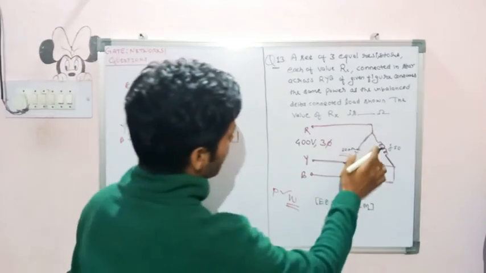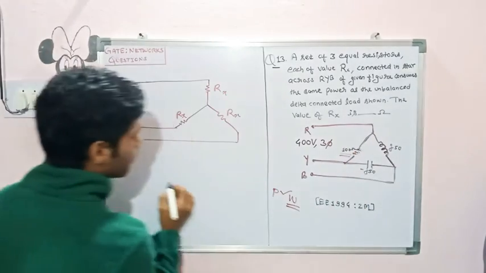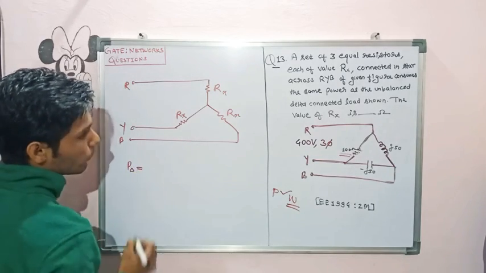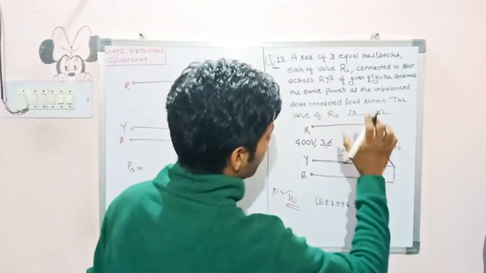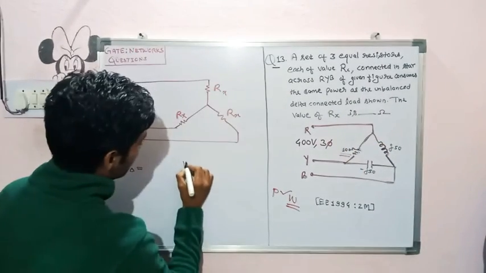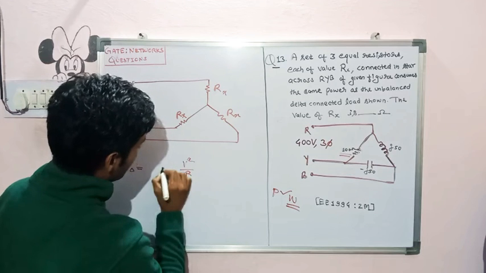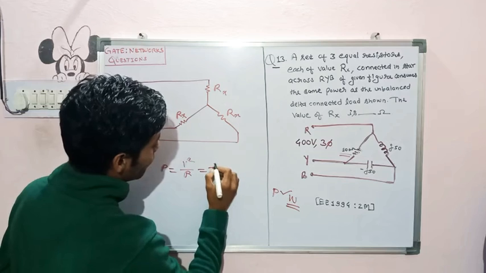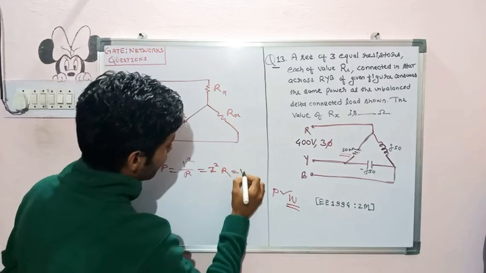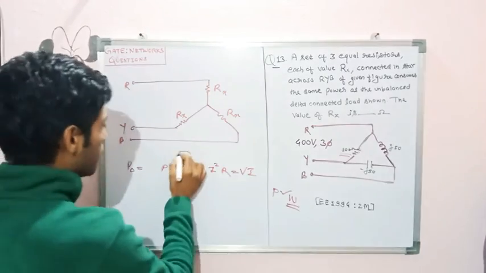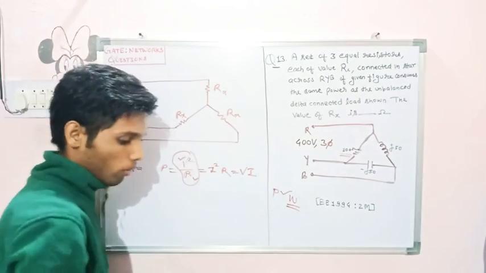So the power consumption in this circuit, P delta, will be equal to Vph square into Iph, or V square by R. Power is V square by R, or I square into R, or V into I. We know V, we know R, so we will use this particular formula.